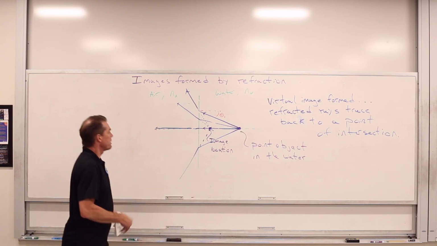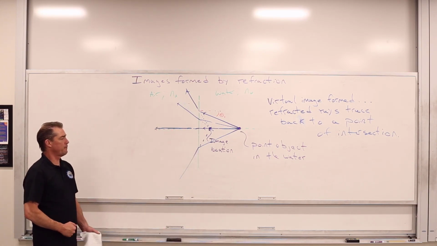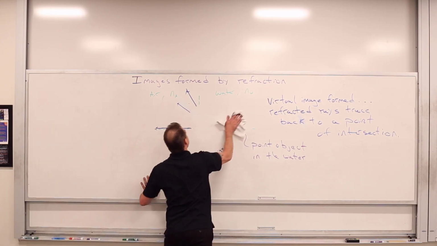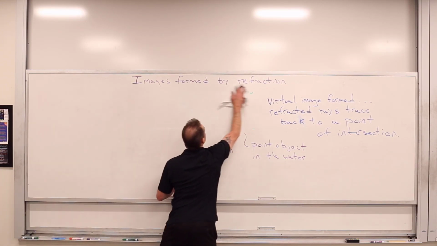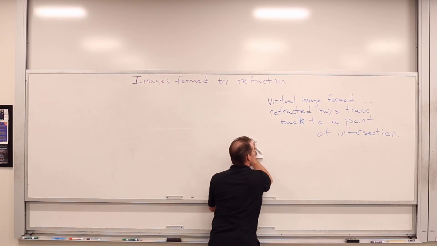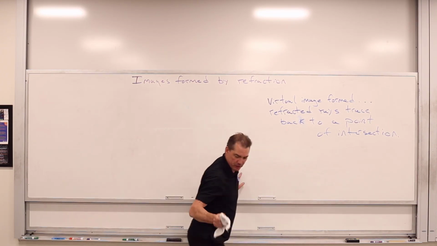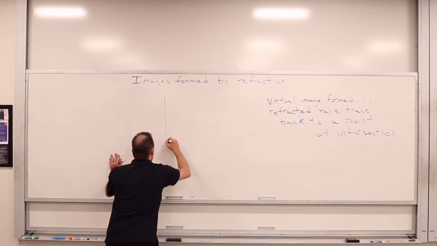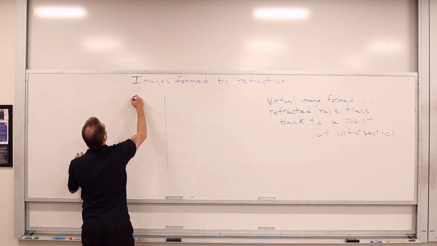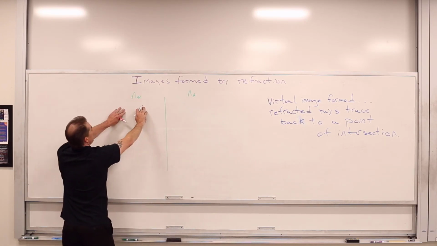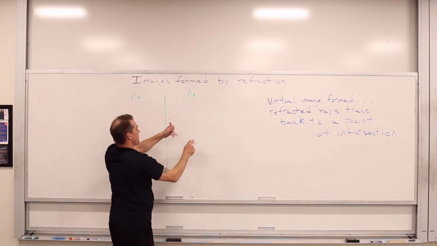Well, what happens if we went the other way around? What if maybe we're in water and the object's out in the air? Let's see what happens with that. Let's reverse things around a little bit. So now we'll take this to be the water and this to be the air.